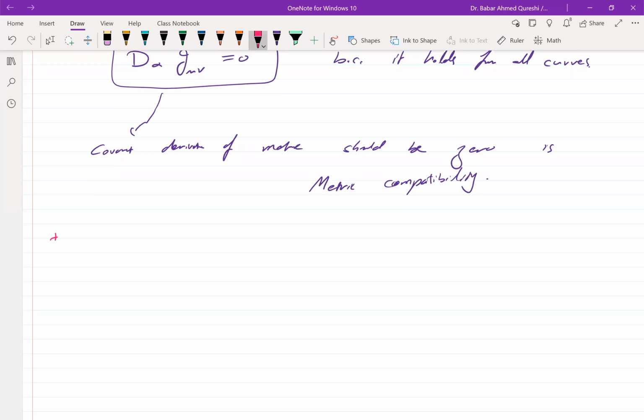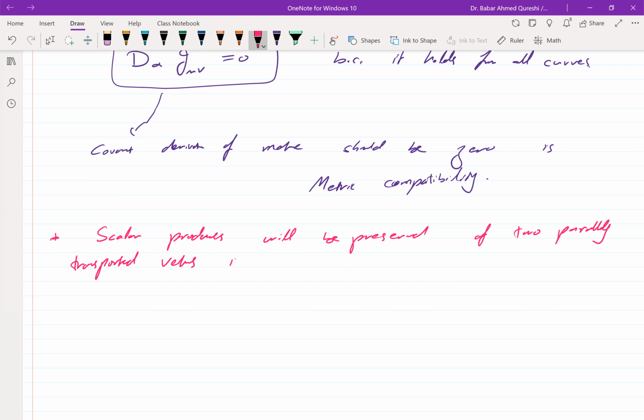Well, first of all, the scalar product of two parallelly transported vectors will be preserved if the connection is metric compatible.